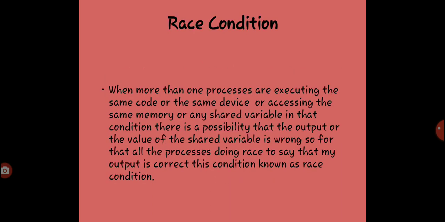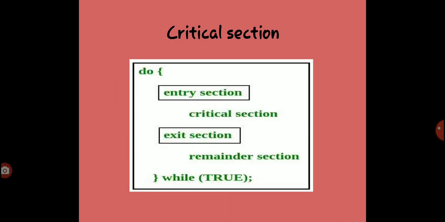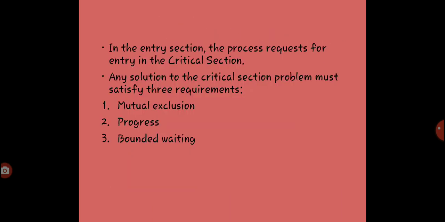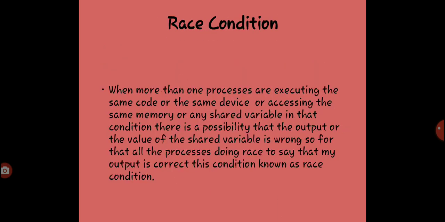So in synchronization, three concepts are involved: mutual exclusion, progress, and bounded waiting. Then there is a condition called race condition. Race condition is when, for example, process 1 is executing and at the same time process 2 is also executing in the same processor.